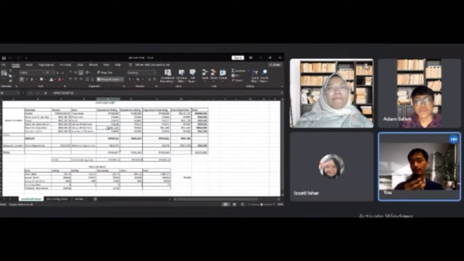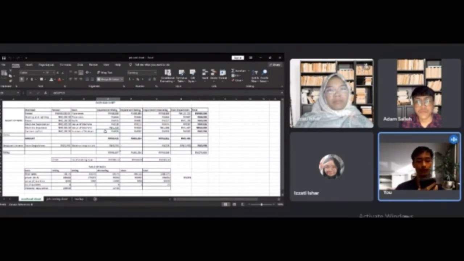Our last overhead was canteen deficit. The basis we use is number of workers. The number of workers for mixing department was 8, baking was 3, decorating was 9, store was 3.